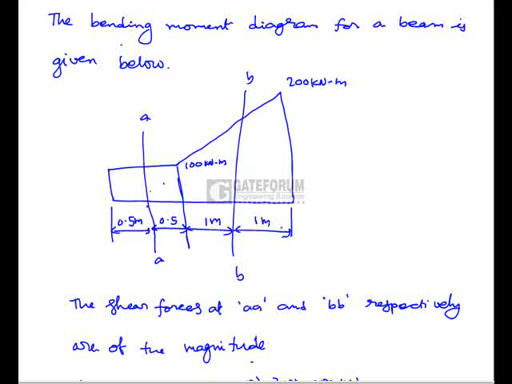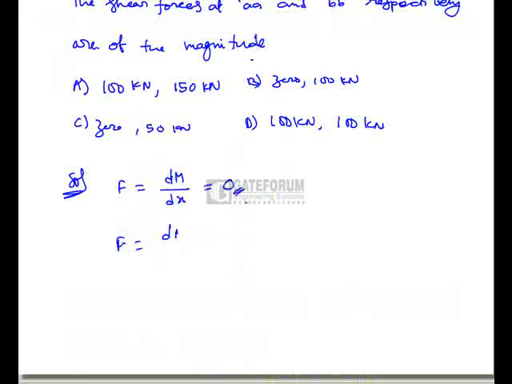In our 2 meter span, the bending moment varies linearly with x. That means in between these 2 points the shear force is constant, and F is equal to dM by dx, that is 200 minus 100 by 2, which is equal to 50 kilonewtons.